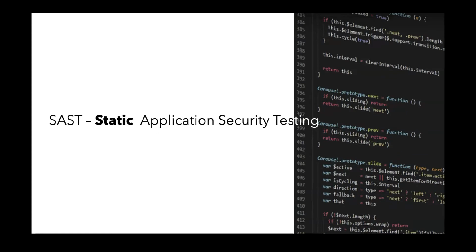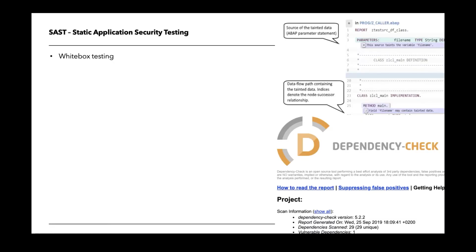Let's start with SAST. SAST stands for Static Application Security Testing. It is white box testing. For SAST, you need the source code, the bytecode, or the binary files, and this will be checked from inside out.